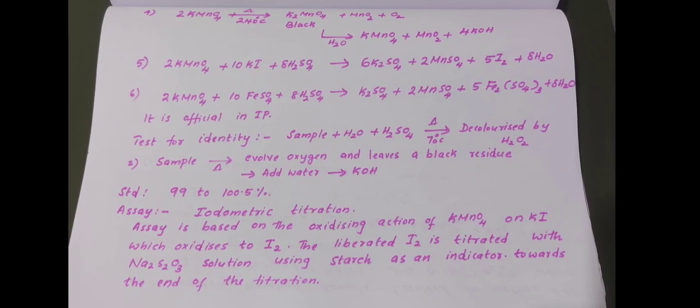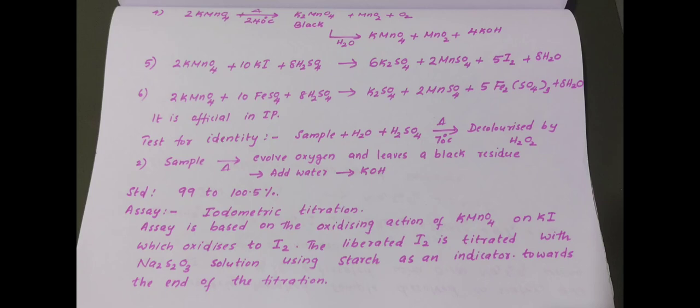Next we are going to discuss the tests for identification of potassium permanganate. Sample plus water plus sulfuric acid, heated at 70 degrees centigrade, is decolorized by hydrogen peroxide.